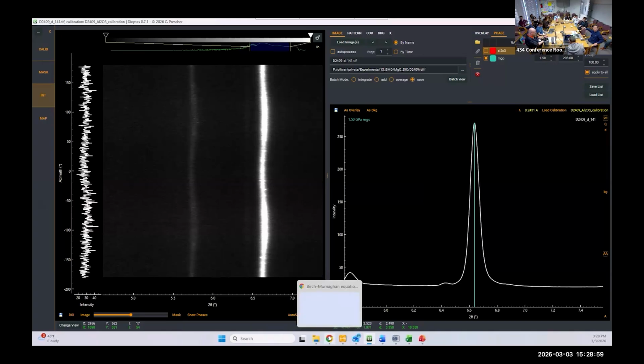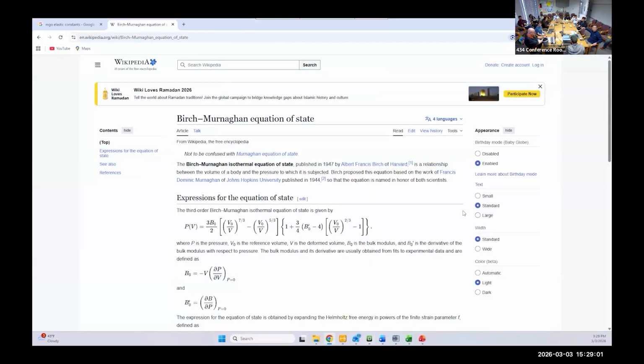I think I brought this up: are people familiar with the Birch-Murnaghan equation of state? Put up your hand if you are. Basically, it's this equation here. You get pressure from the volume of the unit cell of what you're looking at. Usually you'll know the volume of the unit cell at zero pressure, or you can measure it.